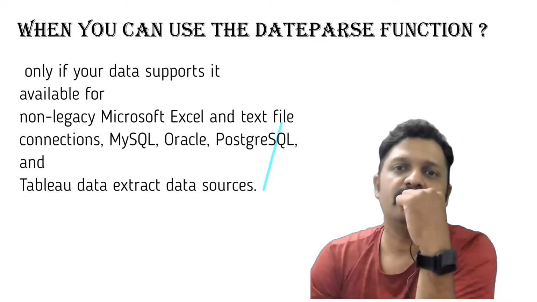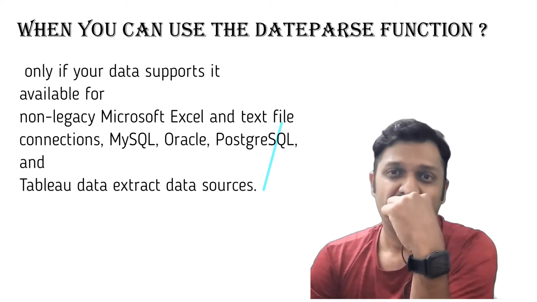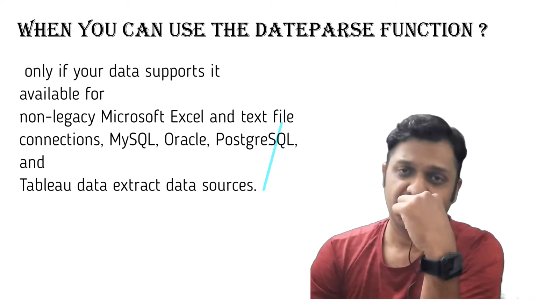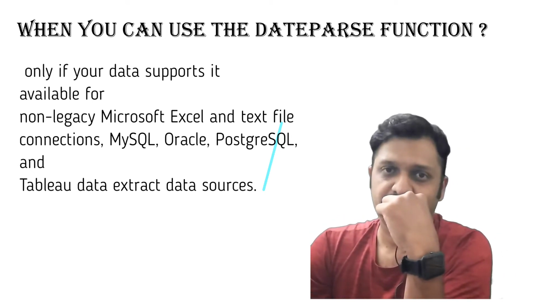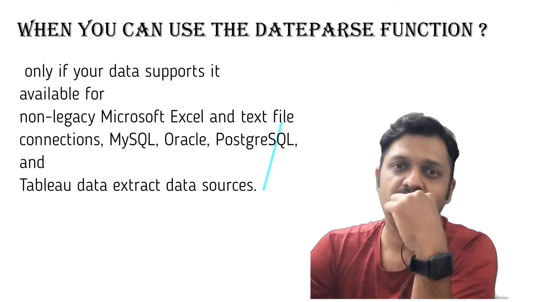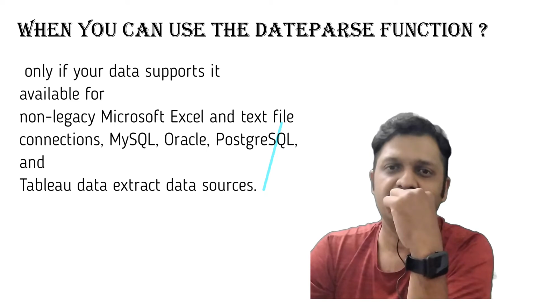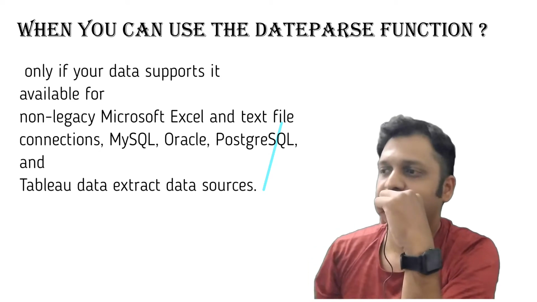I hope you already know different date functions, but here is a catch. When should you use the dateParse function? If your data supports it. This function is available for non-legacy Microsoft Excel and text file connections, MySQL, Oracle, PostgreSQL and Tableau data extract file sources.